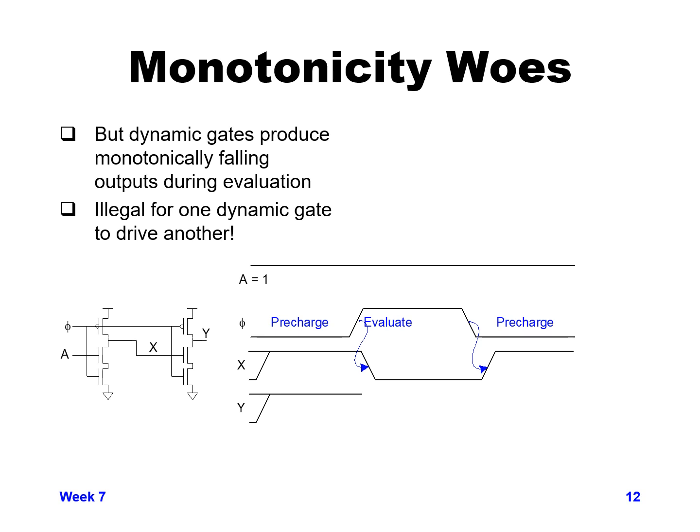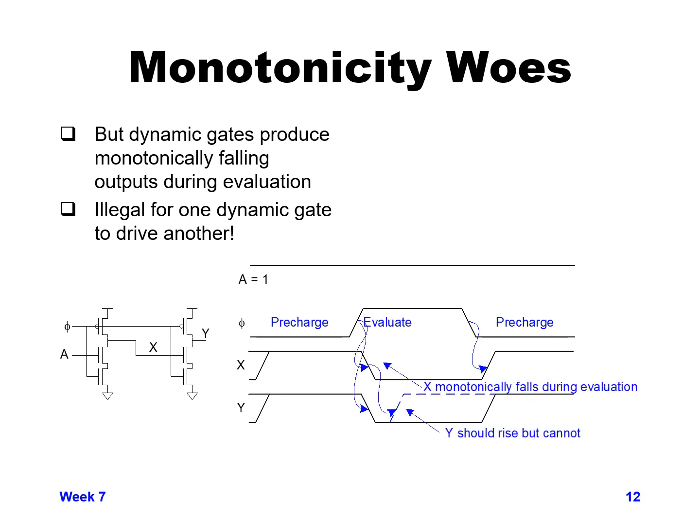Well, initially when the clock first goes high, the value of X is high. So the second domino gate will wind up discharging the output Y at the same time X is discharging, and we wind up getting both X and Y discharged.